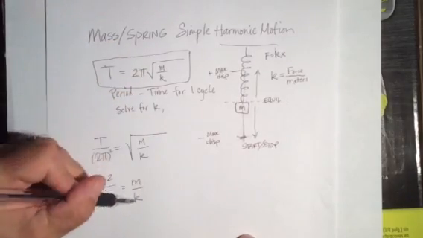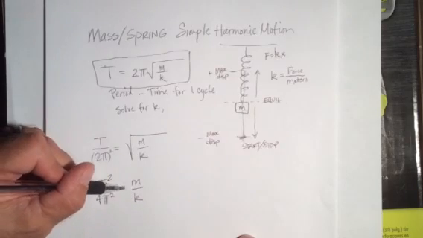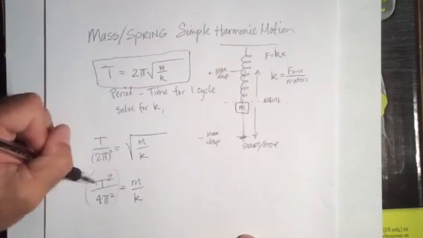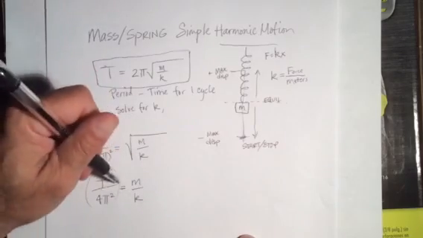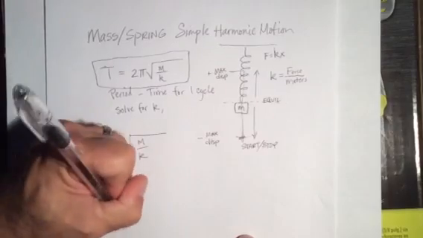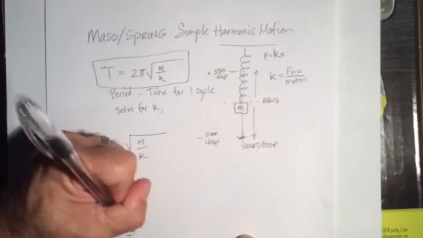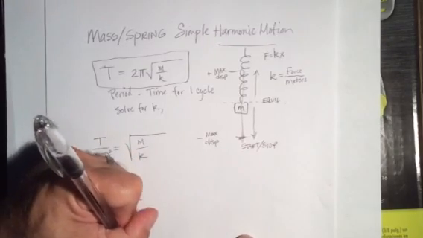Now, what I was telling you before, if we move this across the equal sign, we just move it diagonally. And this whole quantity we're going to move across the equal sign diagonally. So then K is equal to M over this whole thing on this side, so that would be T squared over 4 pi squared.